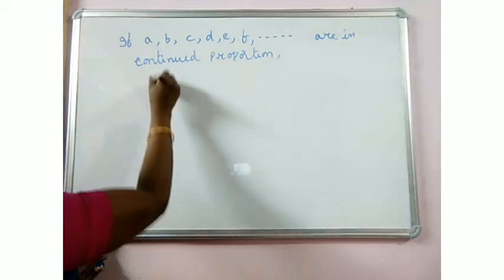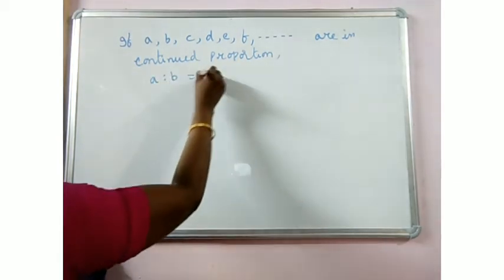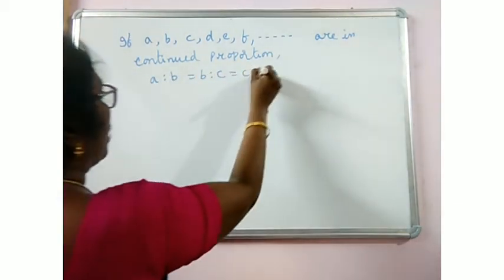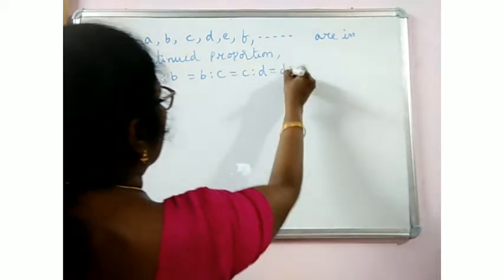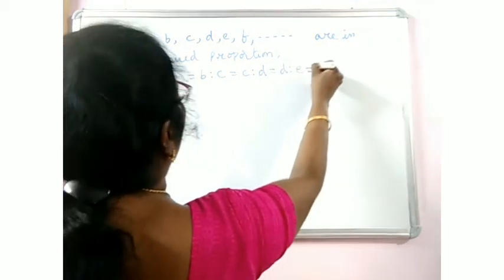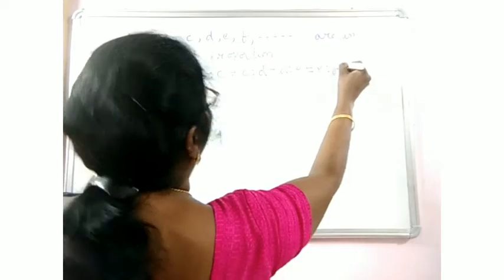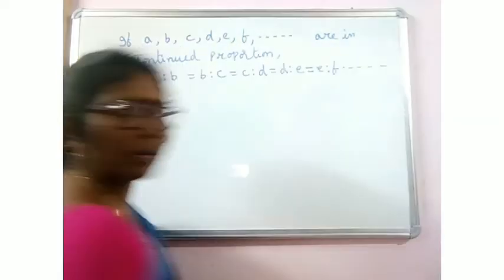Then A is to B is equal to B is to C, equal to C is to D, equal to D is to E, equal to E is to F, and so on.